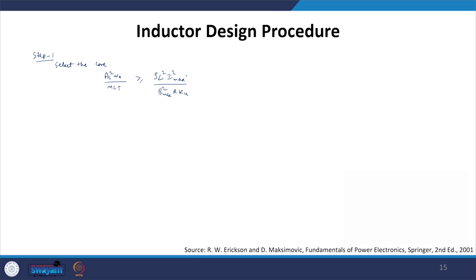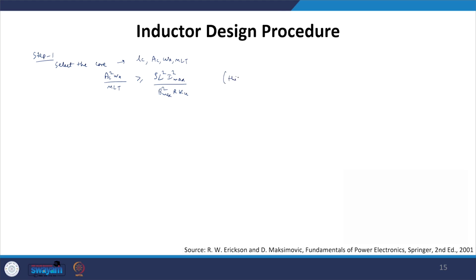Now this expression is from the specified values, that means from the circuit operation and from the specification we know all these values. After knowing all these values we have to select the core in such a manner that the core will give you the values like Lc, Ac, Wa, MLT, and once you evaluate this term, it has to be greater than this particular thing.